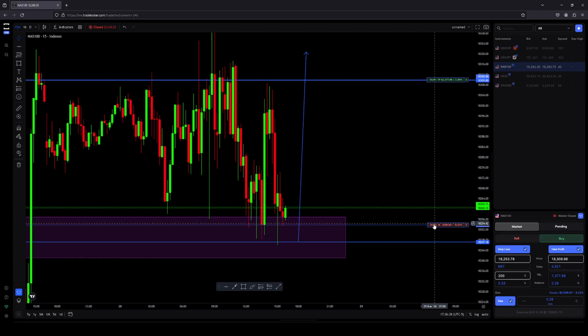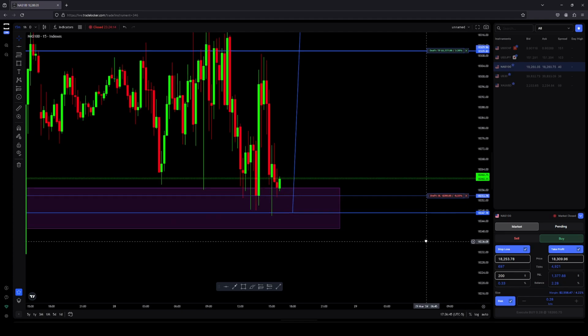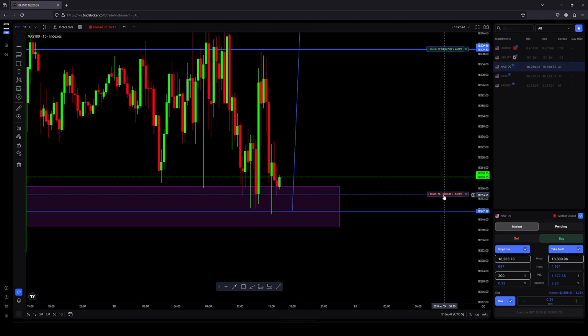I feel like that's a kind of tight stop loss considering the price is trading at 18,260 and my stop loss is 18,253. Now in theory, let's say I want to drop my stop loss. Watch this change. Right now it's 0.28 lots, but I still want to tell myself I want to risk $200, no matter what. So 0.28 lots is the max size I could take.